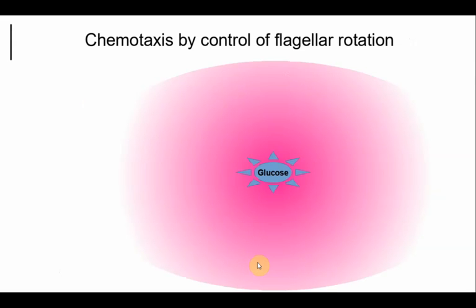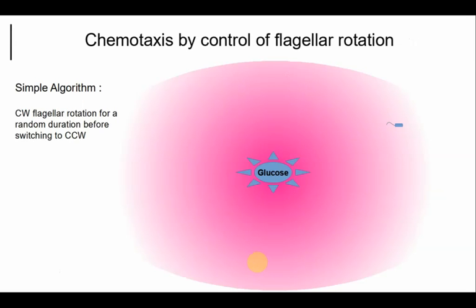Okay, so just to illustrate this, imagine we've got a little flagellated bacterium which is hanging around, and it detects the presence of a source of glucose over here. There will be a concentration gradient, with the glucose at a high concentration here and a low concentration the further we get away.